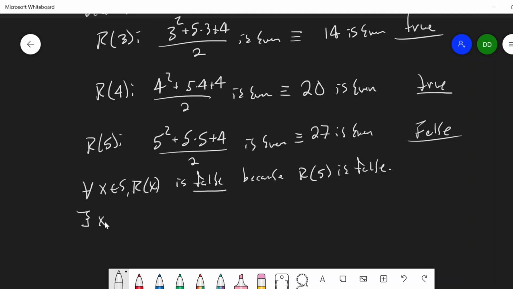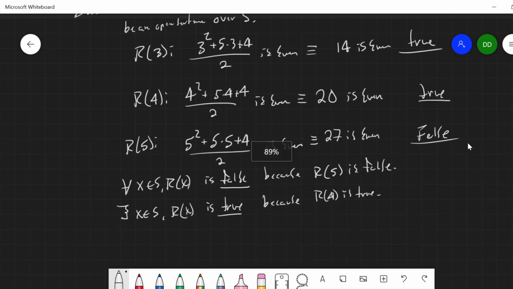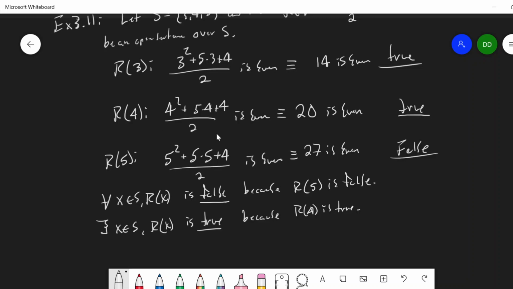What about the existentially quantified statement? There exists x in S such that R of x. Well, yeah, there is at least one value of S such that R of x is true. Because, for instance, R of 4 is true. We could also use the justification that R of 3 was true, and that would also make this true. So here the universally quantified statement is false because at least one of them gave me a false truth value, but the existentially quantified statement was true because at least one of these gave me a true value.